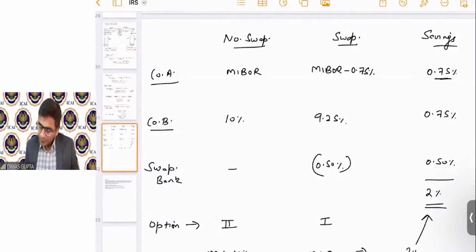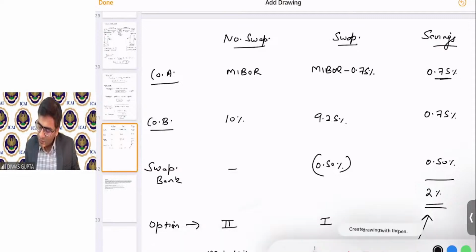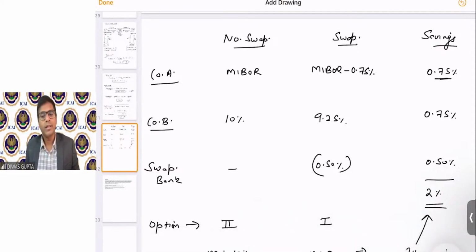See, what the swap bank would have done is, first of all, it would have seen what the overall saving is. It is 2%, correct? Now this 2%, it would have allocated between the two companies and its own commission. Let's say the bank has decided I will keep 0.5. That means out of 2, 0.5 is kept by the bank, balance is 1.5. The balance 1.5 is divided equally between both of them.